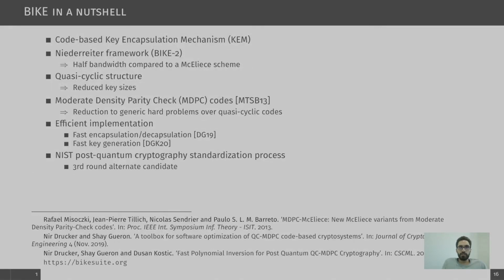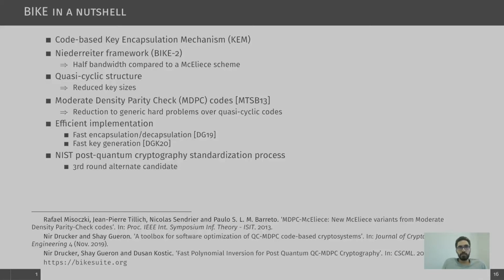We are interested in QC-MDPC codes in the context of BIKE. It is a code-based key encapsulation mechanism. In the last specification, it is advised to use BIKE-2, which is the Niederreiter variant of the scheme, rather than BIKE-1, which is the McEliece variant, in order to reduce the bandwidth by half.